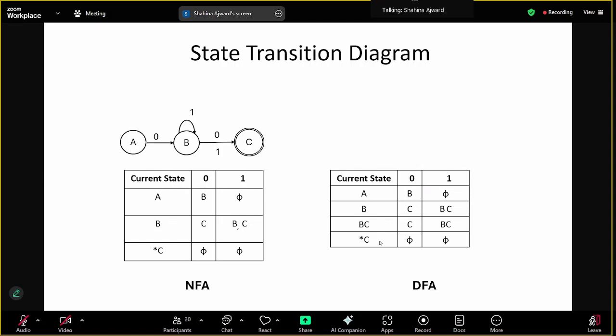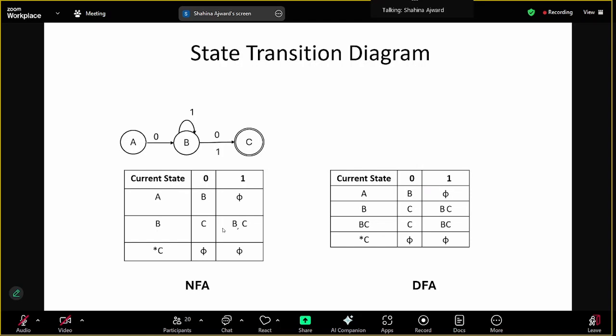Then when you come to input symbol 1, again we have to check both B and C. For the B, it is BC.